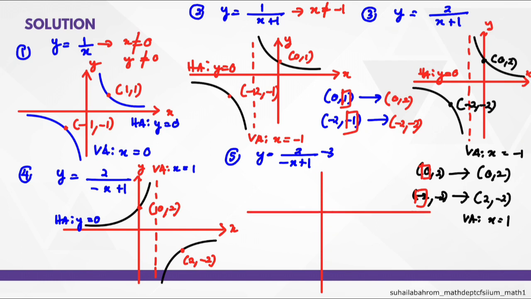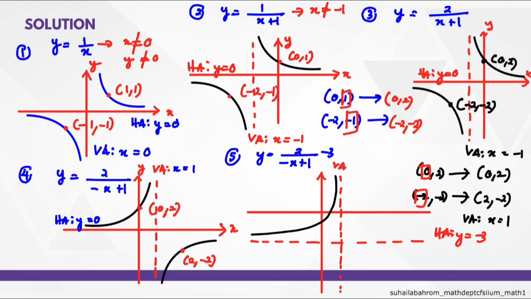So we have here the vertical asymptote, the line x equals 1. Okay, so let us draw the new horizontal asymptote here. This is referring to the line y equals -3. So the new coordinate for (0, 2) will become (0, -1). So we will have something like this.